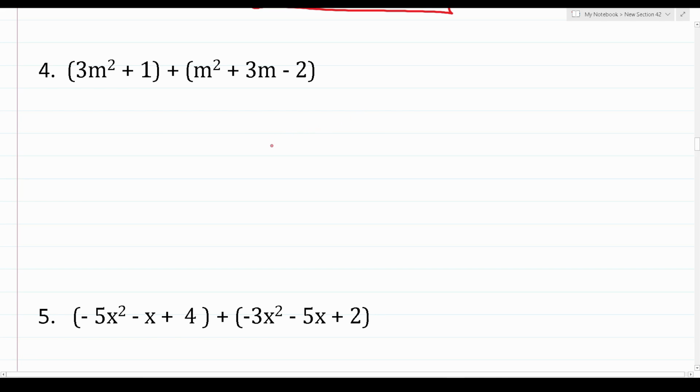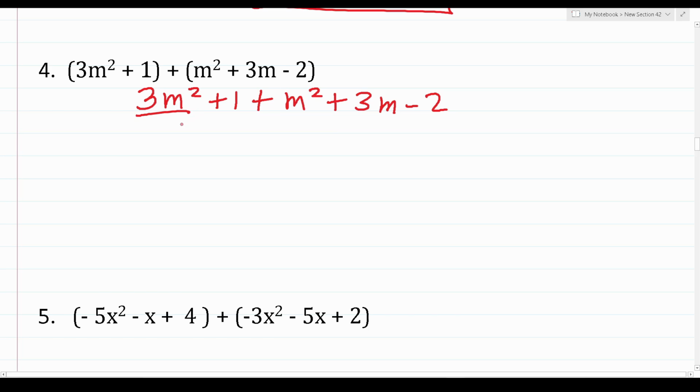Number 4 says 3m squared plus 1 plus m squared plus 3m minus 2. Again, we're just adding these, so drop the parentheses: 3m squared plus 1 plus m squared plus 3m minus 2. Combine like terms now.